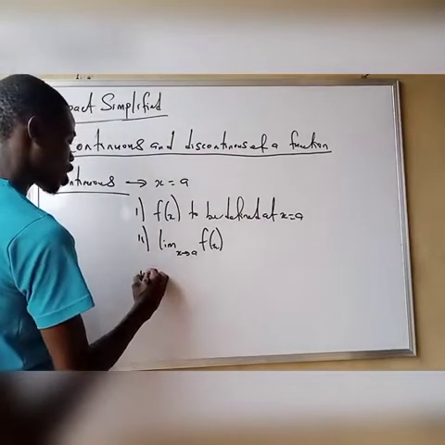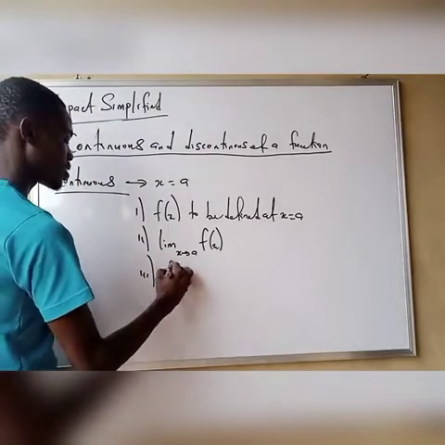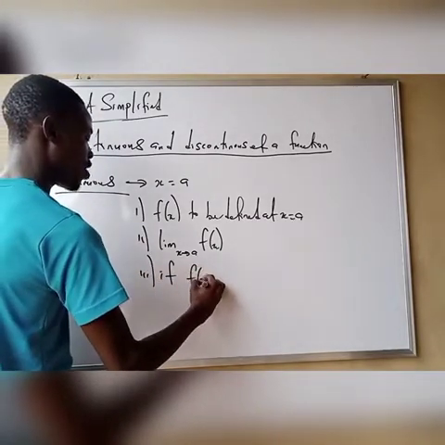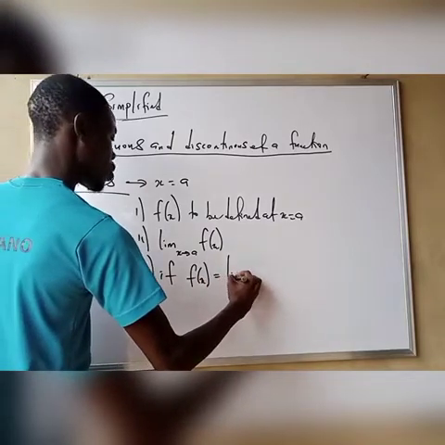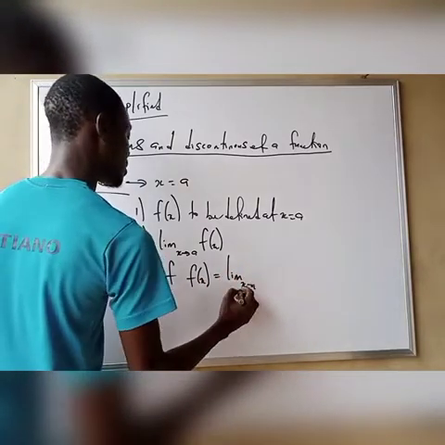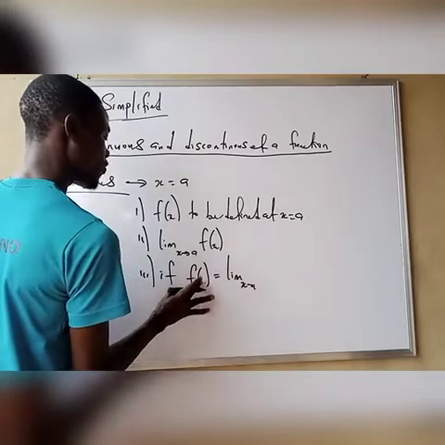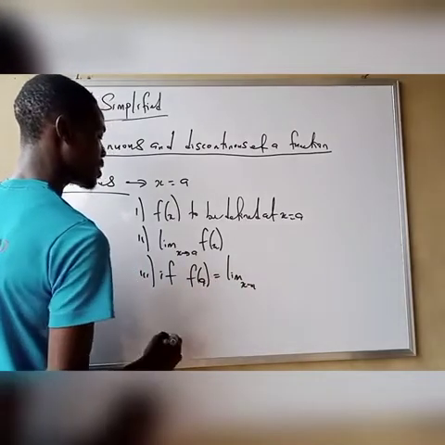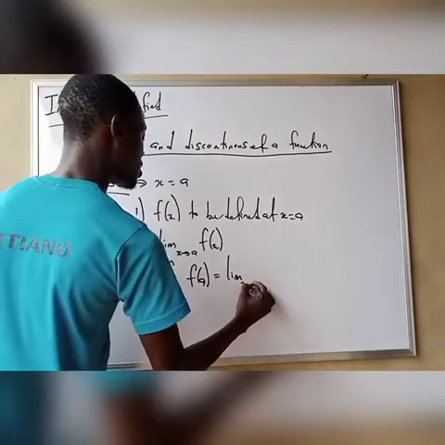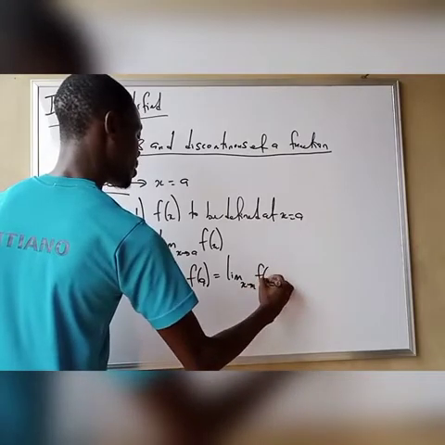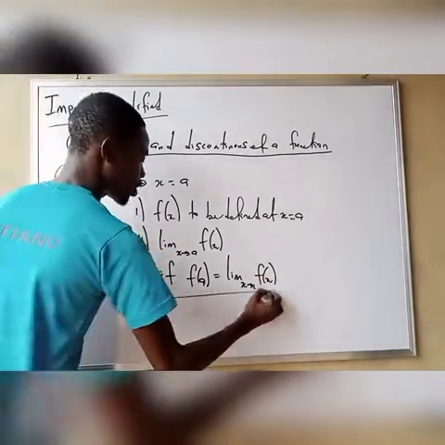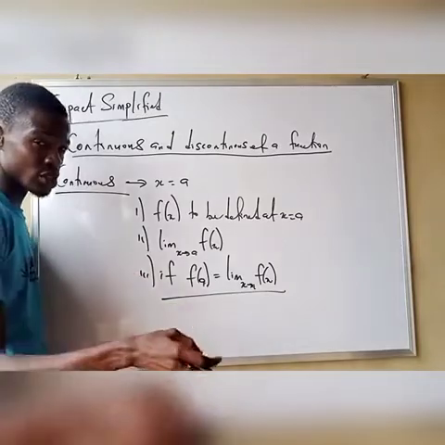And now the third is this: if your f of a is equal to the limit as x tends to a, that means the function is continuous.